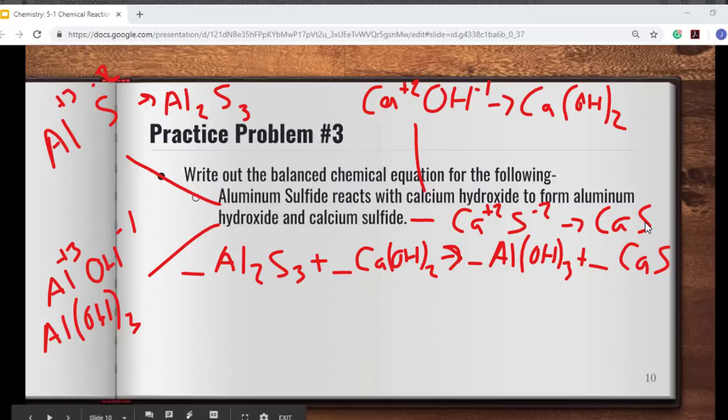All right, there we go. So now the process becomes, how do we go through and balance this chemical equation? So we can go ahead and create our RP chart. So we'll do this down here at the bottom.